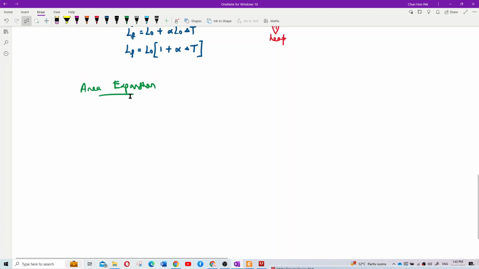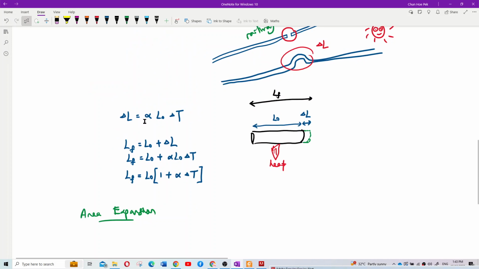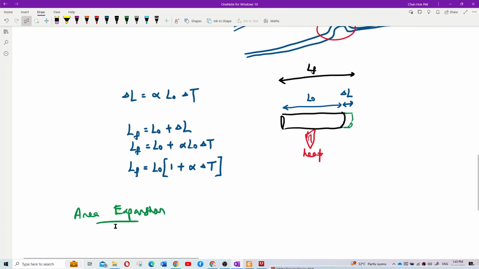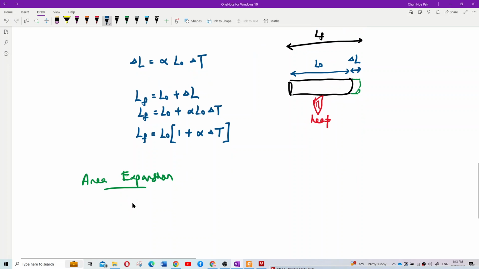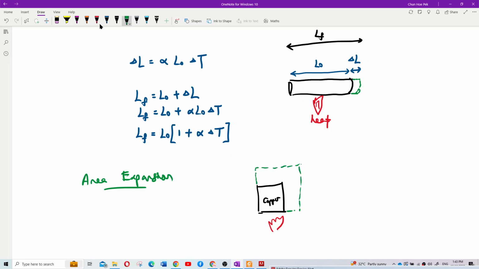Last time it was delta L equals alpha L naught delta T. If it is area expansion, that means something like this. If I have a copper plate and I heat it up, this copper plate will also expand. It becomes a bigger area.